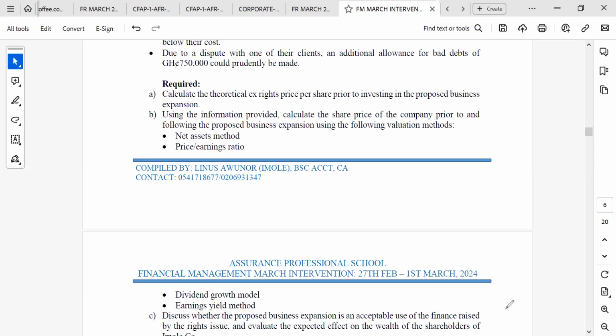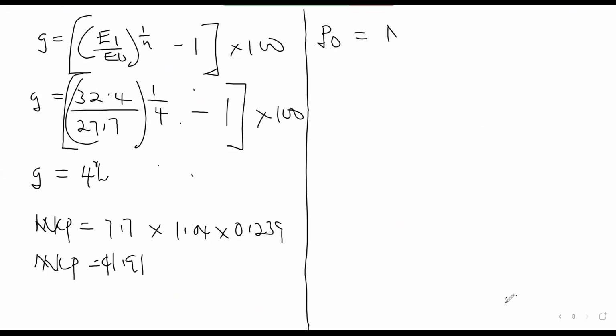What we are going to be doing is that P0 is equal to D0 (1 plus g) over Ke minus g. This one is the following, that is, we use next year's dividend. But if they say prior, then you use the current year dividend only. But let's just use the following, because this is what you'll be seeing in the exam.